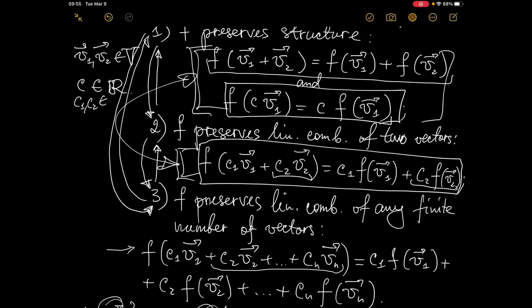So we are getting just f of C1, and I can use this statement to show that it works for n equal to 1. Is it clear or not? Yes, it's clear.